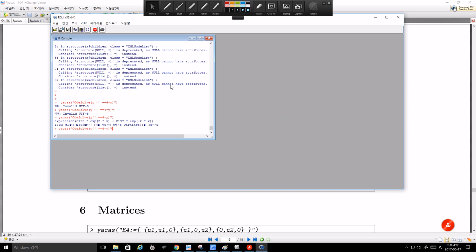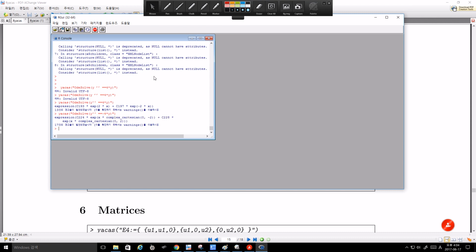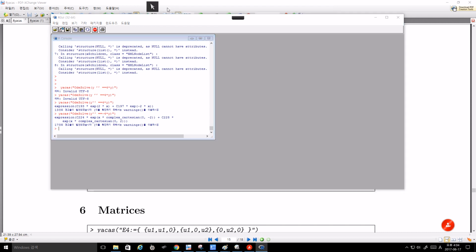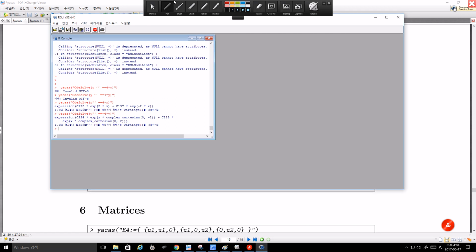And then if this is minus, then now we have a complex number, right? It is the minus 2, so it is basically the same. So when y double prime is now minus 4y, then we have a complex solution.